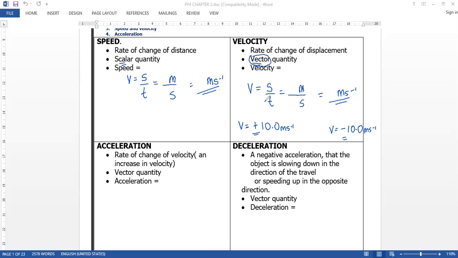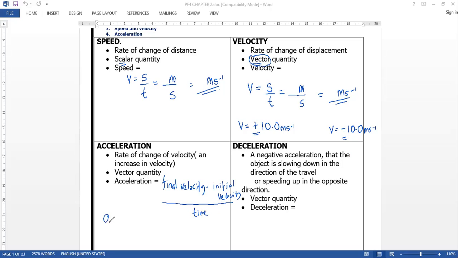So speed, velocity. Then we have acceleration. Acceleration is the rate of change of velocity. So acceleration always refers to final velocity minus initial velocity over the time it took for the change.